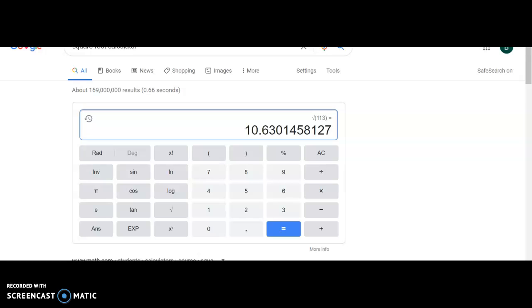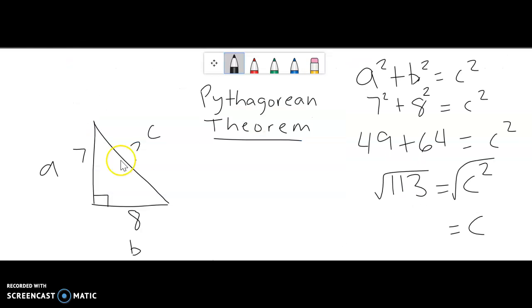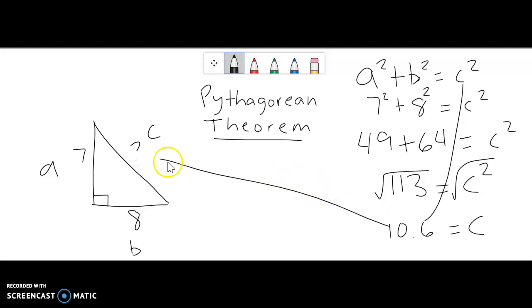I get 10.6. Okay, so that means that 10.6 is what the length is. It's this side length is 10.6. And if you try it out in the formula, 7 squared plus 8 squared plus 10.6 squared, it should come out pretty close. It's not going to be perfect because we had to round this down to 10.6, but it should work very, very close.